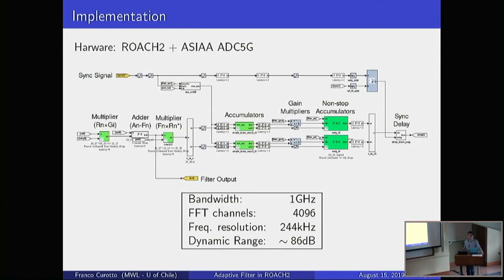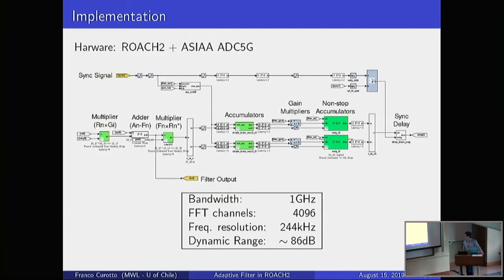As you may know from yesterday, all this implementation is done in Simulink. I basically omitted all the spectrometer stuff, because that's very standard, and I only put the filter stuff that is the new thing. You've got the multiplication, the subtraction, and the accumulation in the filter. You can see that it's very simple. This is added to the spectrometers in order to create the full system.